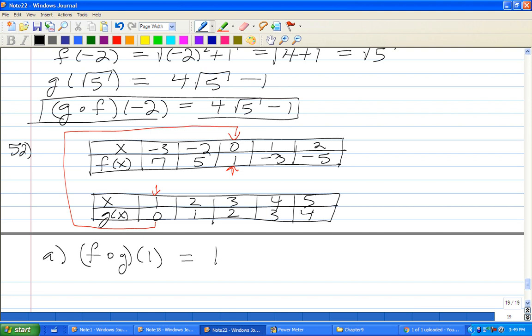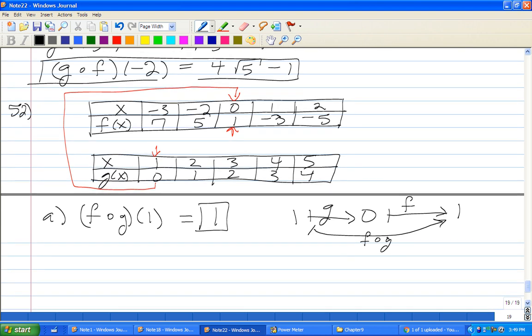So note that 1 was mapped to 0 by g, and 0 was mapped to 1. And so f composed with g maps 1 to 1.